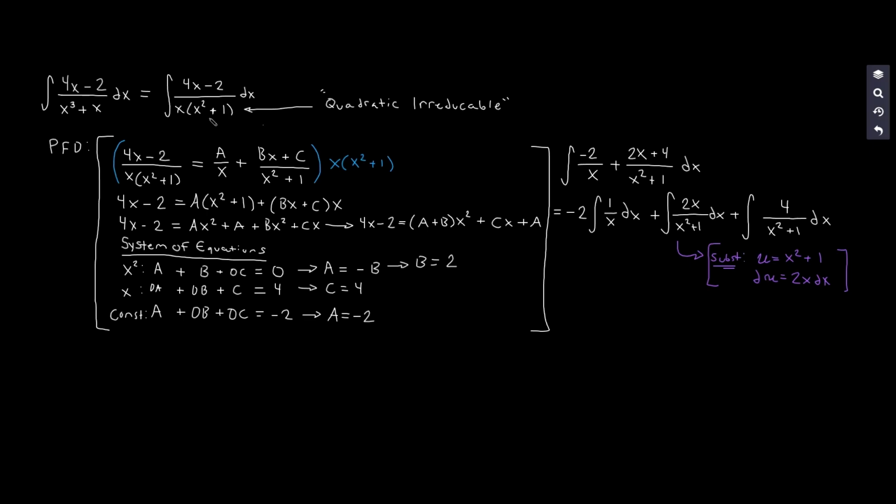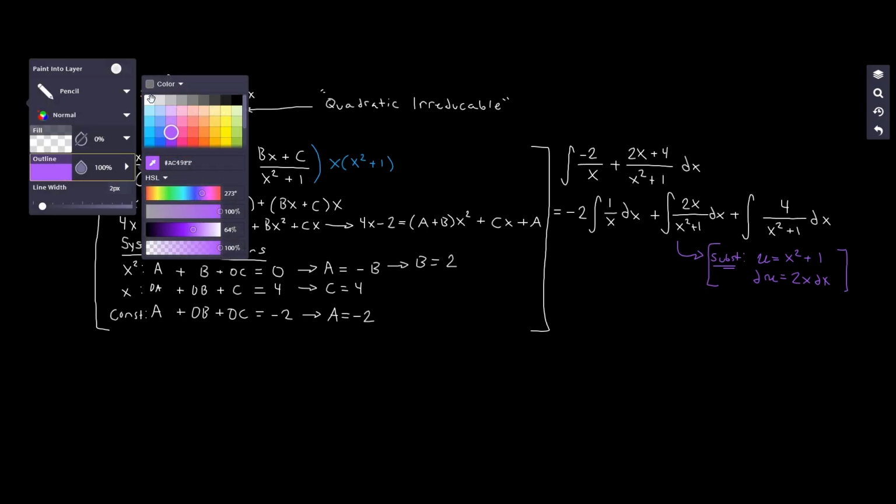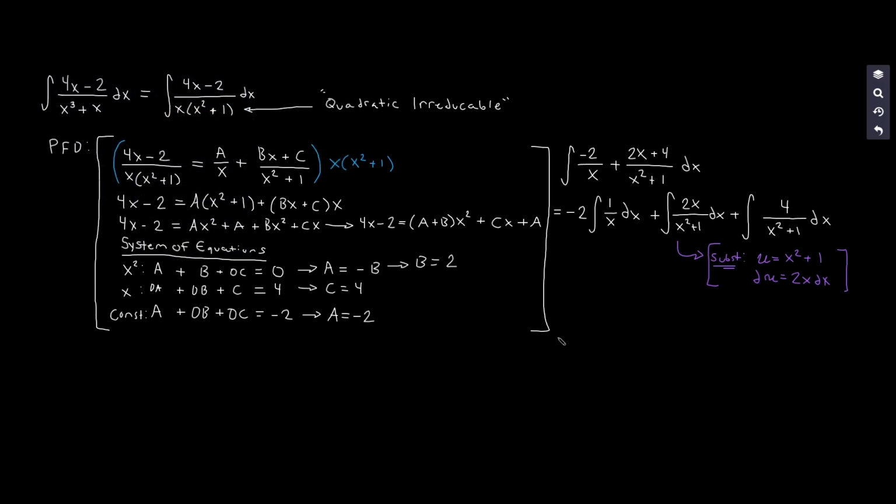So we can rewrite this as -2 times the natural logarithm of the absolute value of x.